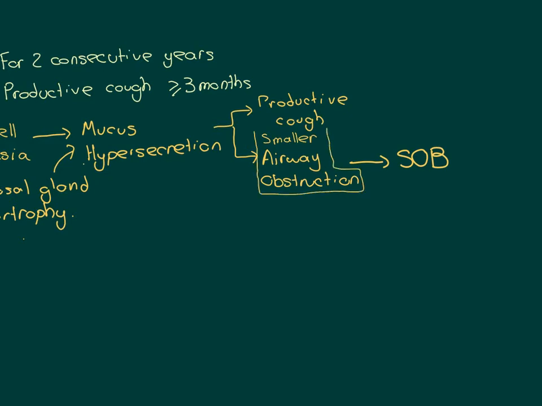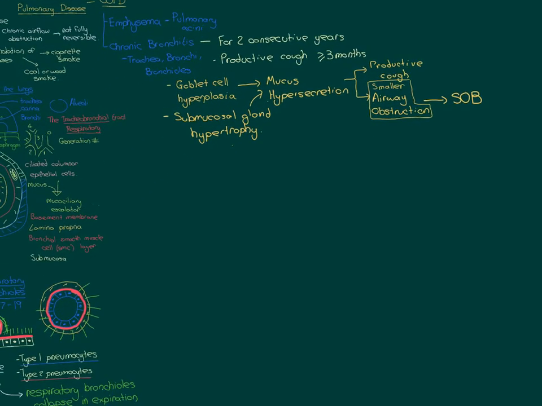Right, so that's one of the effects of COPD. This chronic inhalation of the noxious gas is going to lead to these two changes in these airways that lead to mucus hypersecretion, and we've seen the two effects of the mucus hypersecretion. The final thing that I want to mention, which is going to happen to these airways in COPD, is that you're going to get fibrosis, and this is effectively the exact opposite of what happens in emphysema.